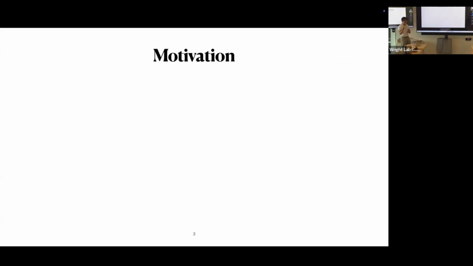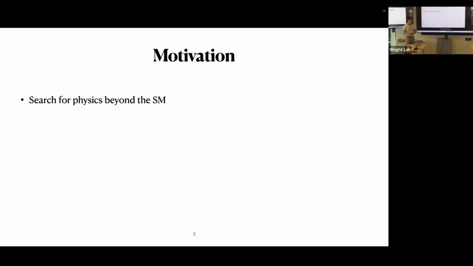To start, a little motivation for why we are doing this. The reason we want to slow down these optically levitated nanospheres is so we can search for physics beyond the standard model. I know most of your presentations before this talked about the standard model.